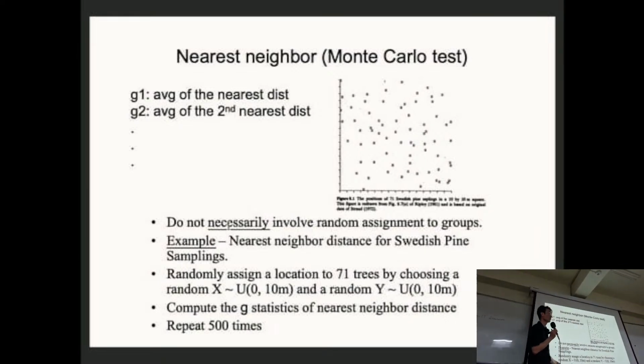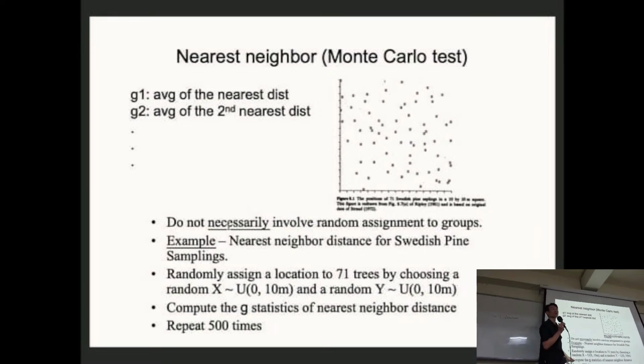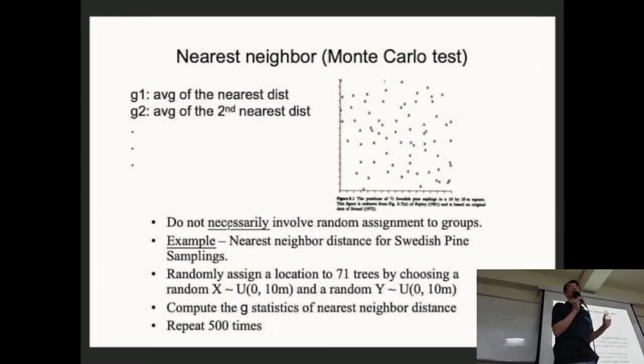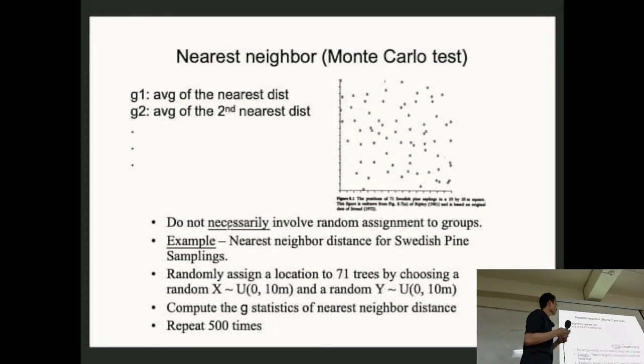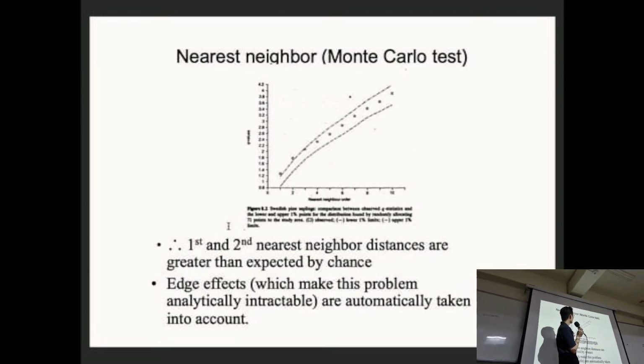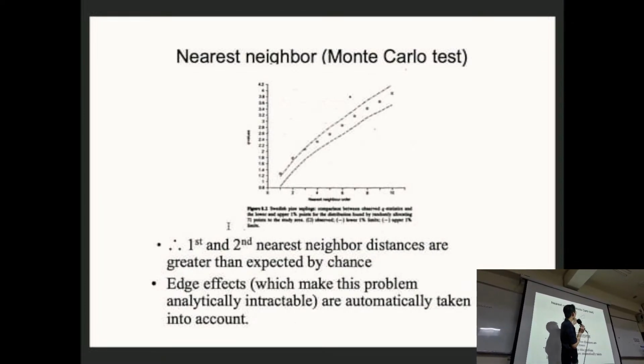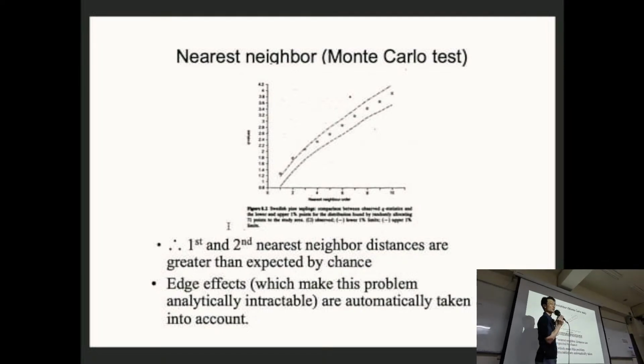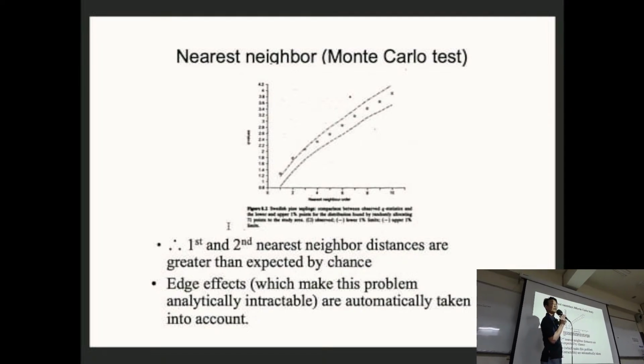This is parametric random sampling, assuming a uniform distribution, that they can grow anywhere on the space. You repeat that 1,000 times, and then you can calculate the 95% confidence bands of your G1, G2, G3. It's easy to do. Then you can compare your observed G1, G2 versus the confidence band of your randomized G1, G2.